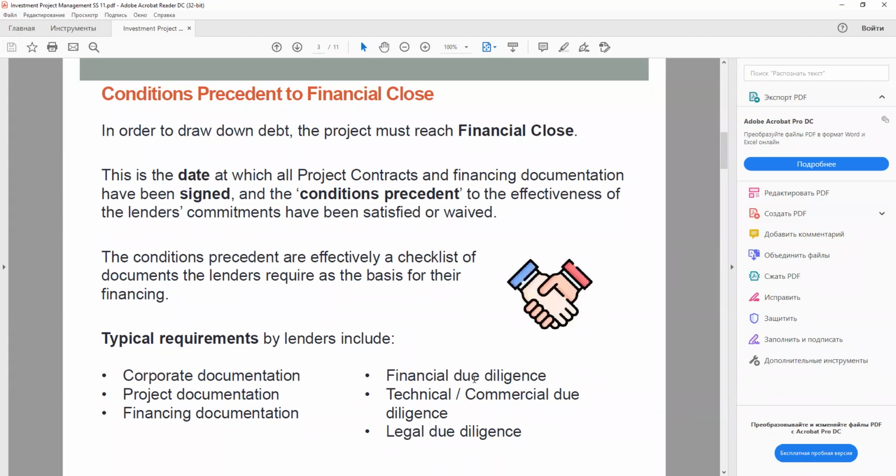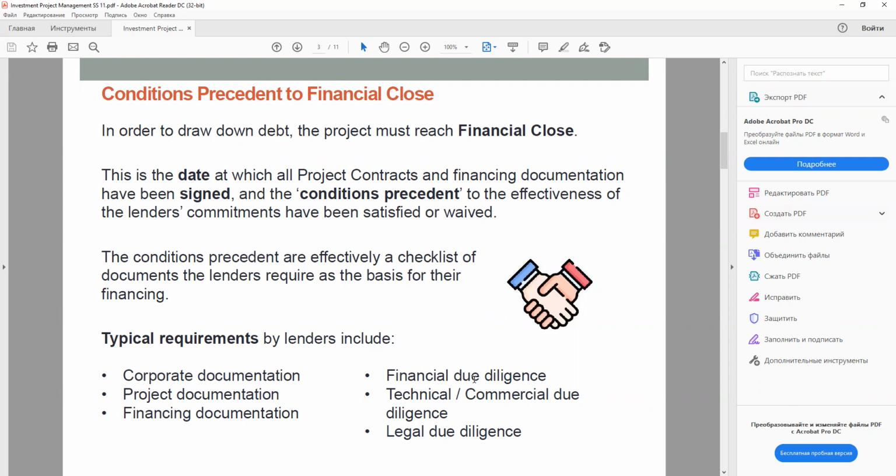This is the date at which all project contracts and financing documentation have been signed, and the conditions precedent to the effectiveness of the lenders' commitments have been satisfied or waived. The conditions precedent are effectively a checklist of documents the lenders require as the basis for their financing. When these are provided, the lenders are obliged to advance funds.